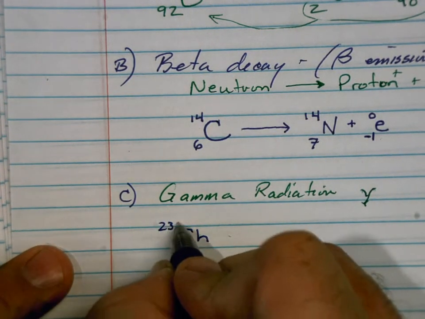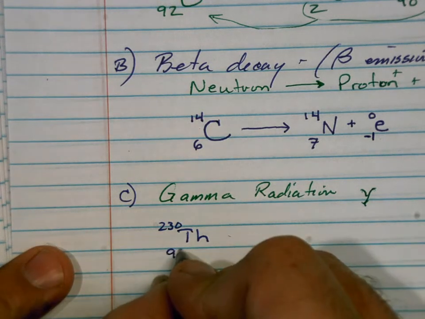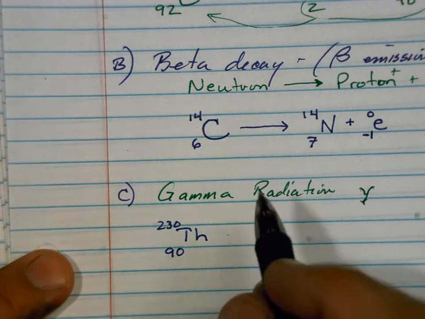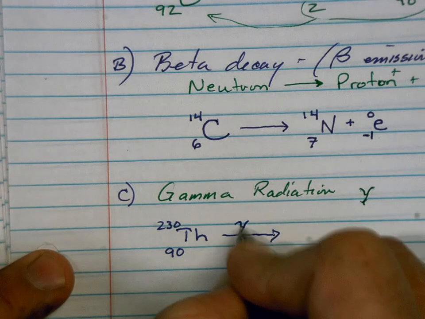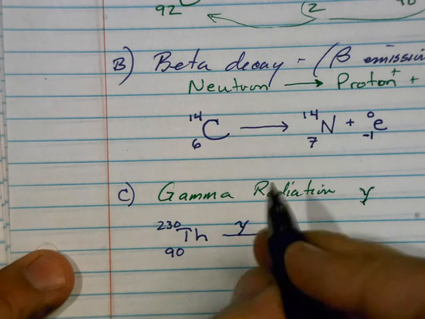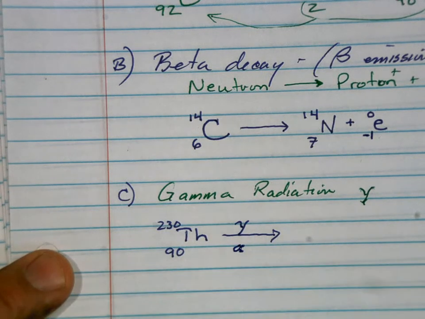So it has 230 particles in its nucleus. That's a lot of stuff to try to hold on to. Since it is thorium, it has an atomic number of 90. And we'll put here that it's going through a beta decay, excuse me, my mistake, a gamma decay. Very often this is associated with something else, so we're going to have a little alpha decay as well.